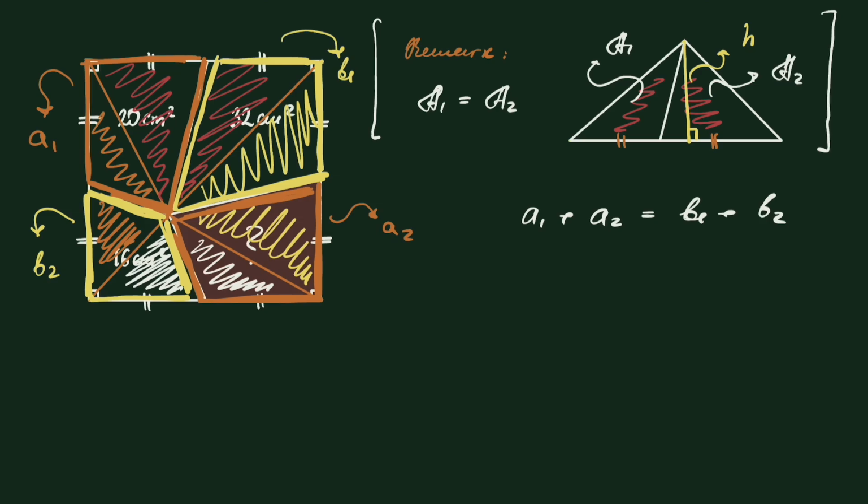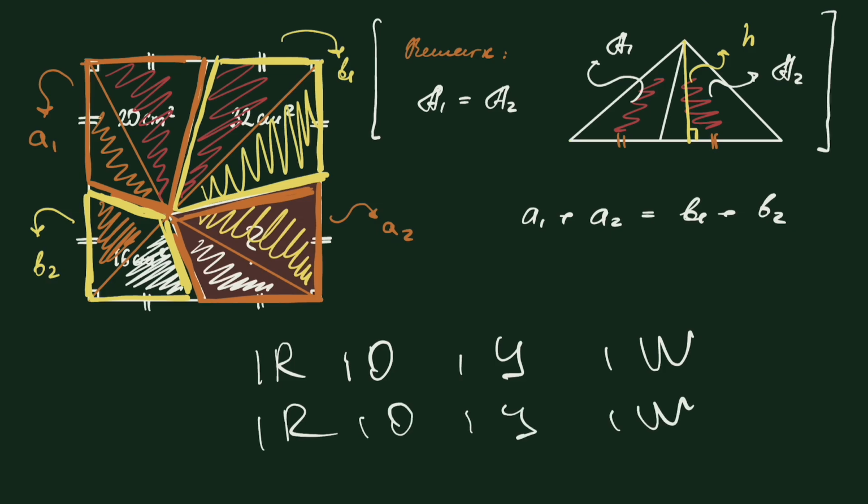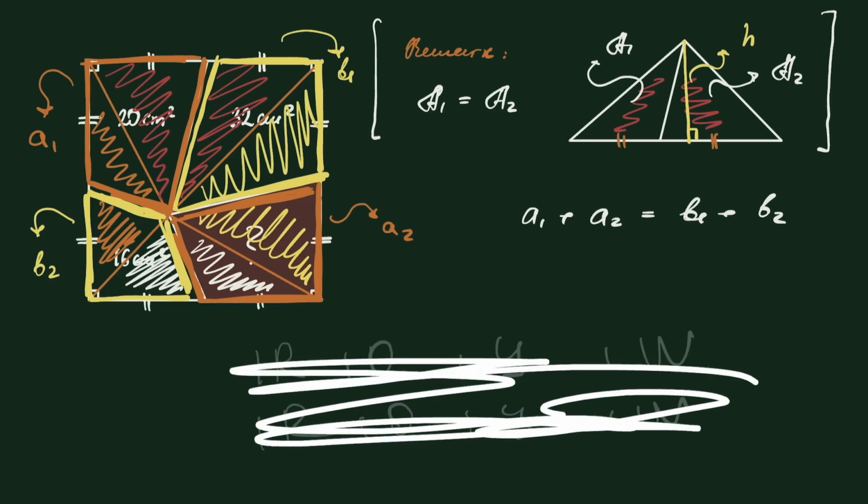Because, look, A1 plus A2 in general has one red, one orange, one yellow, and one white part. And if you're attentive enough, B1 and B2 also have one red, one orange, one yellow, and one white. So their areas are actually equal.